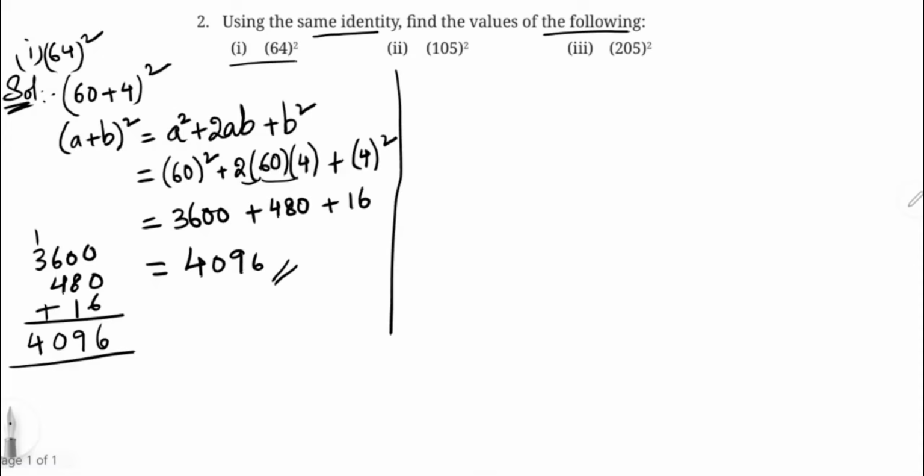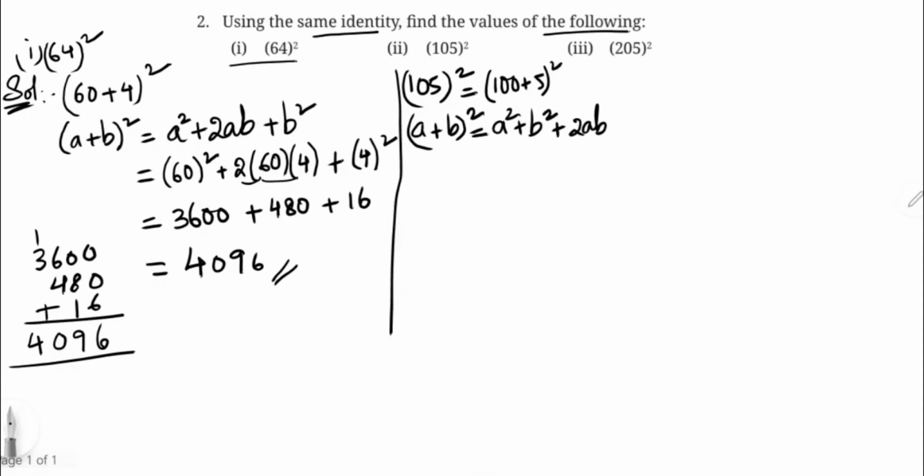Now let us do the second part. So the second part is 105 whole square, which is equal to (100 plus 5) whole square. So this is in the form of a plus b. So let us write (a plus b) whole square, which is equal to a square plus 2ab plus b square. Okay, both are same.